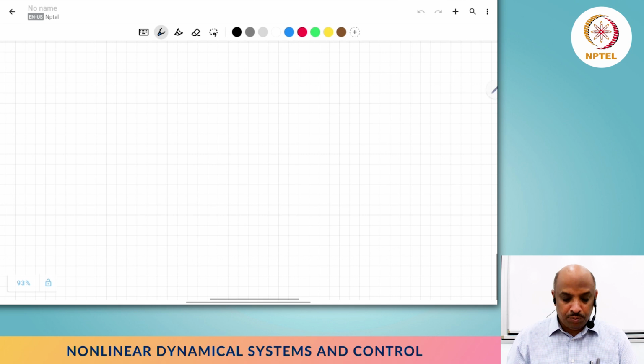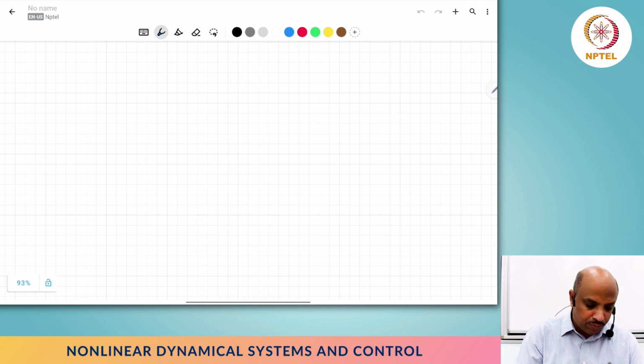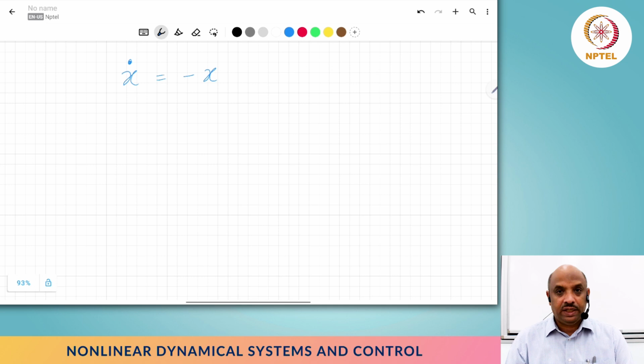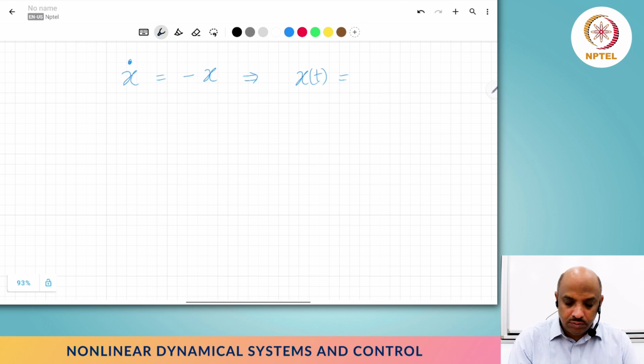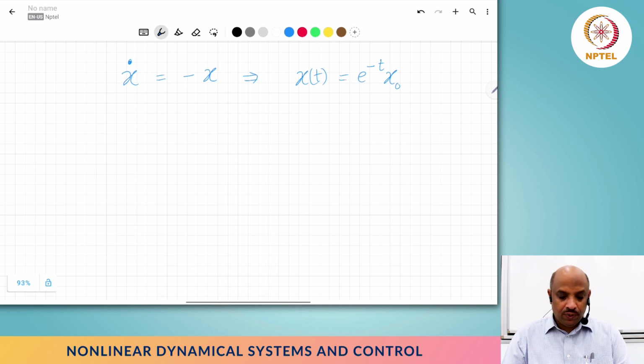Take a very simple example: x dot is equal to minus x. If you have something like this, then we know that the solution is e raised to minus t times x 0, where x 0 is the initial condition.